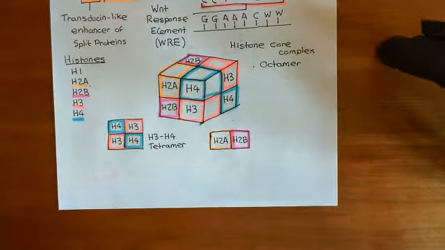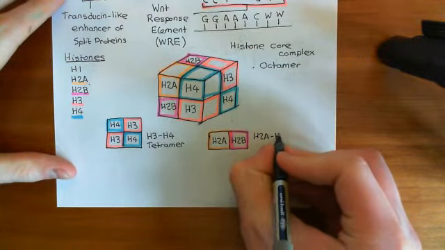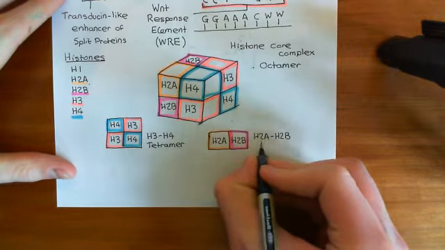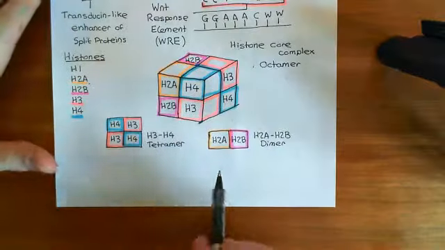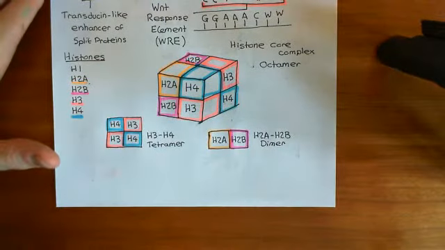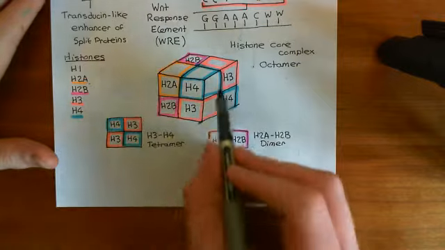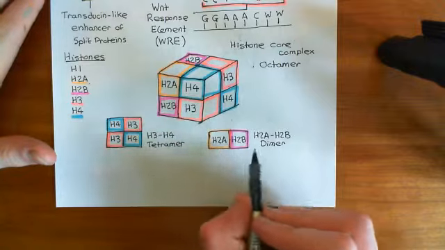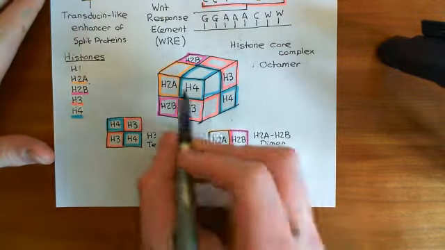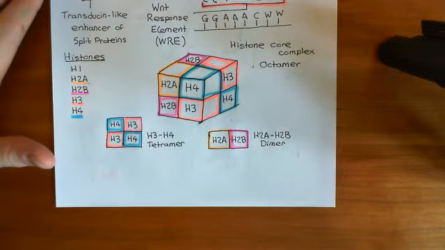Okay, and this structure is known as a histone 2A, histone 2B dimer. So, when constructing a histone core complex, just to review the whole story now, you take a histone 3, histone 4 tetramer, which makes up half of the octamer already, and then you bring in 2 histone 2A, histone 2B dimers and stick them onto that, and that produces you a histone core complex.